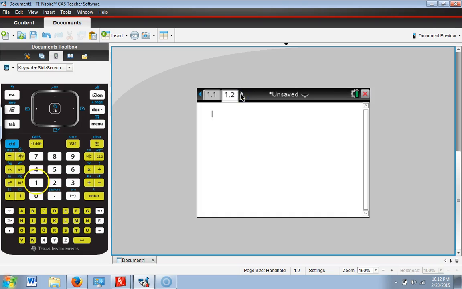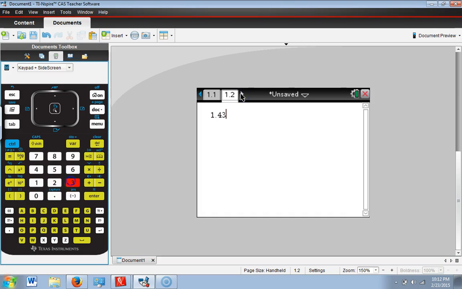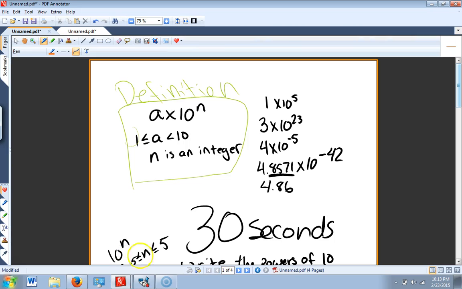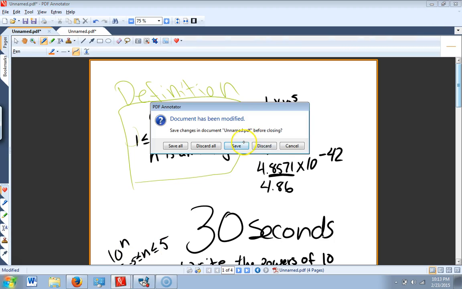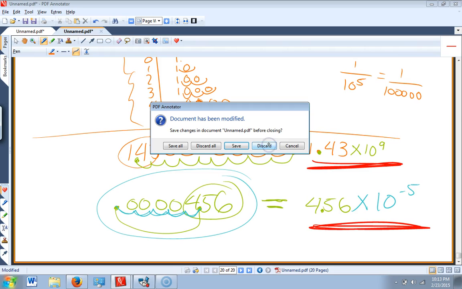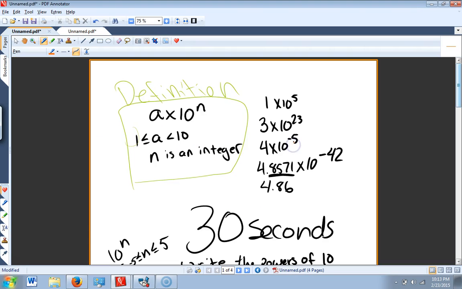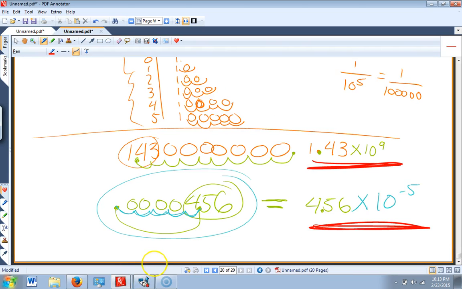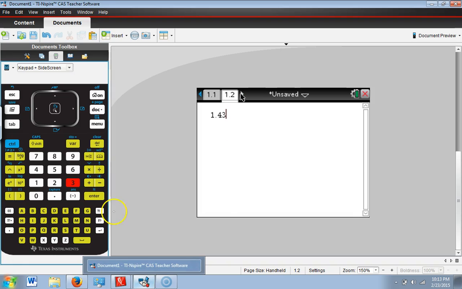Okay, so we're doing 1.43 times 10 to the 9th. There are multiple ways we can pop this in.